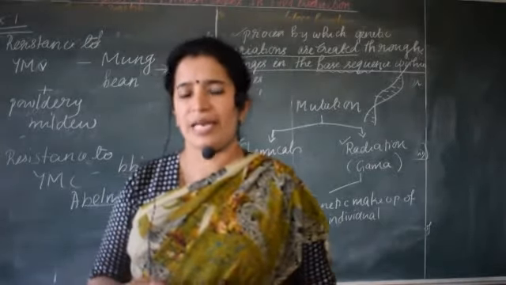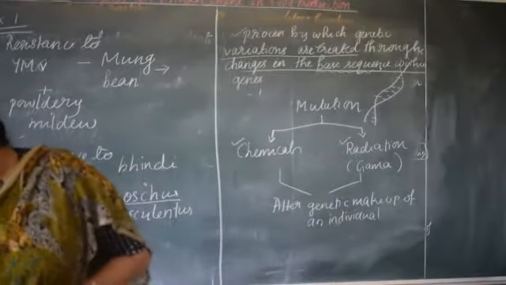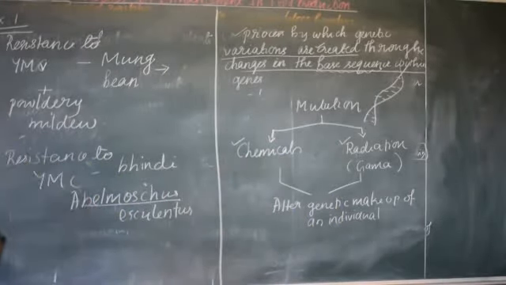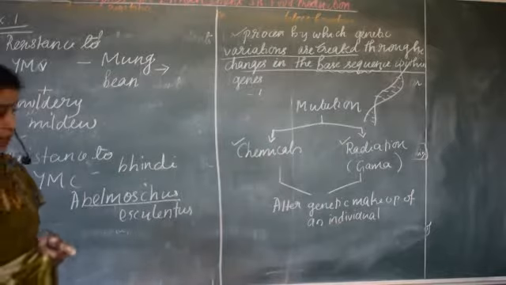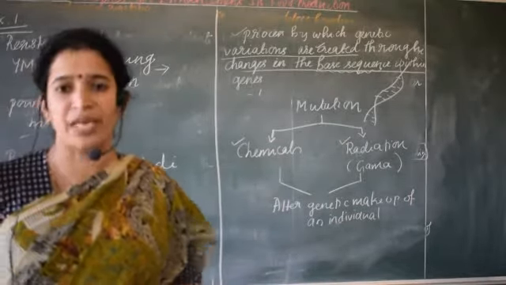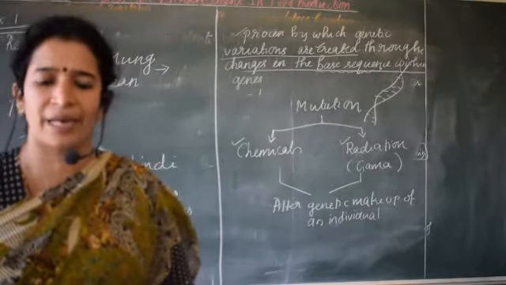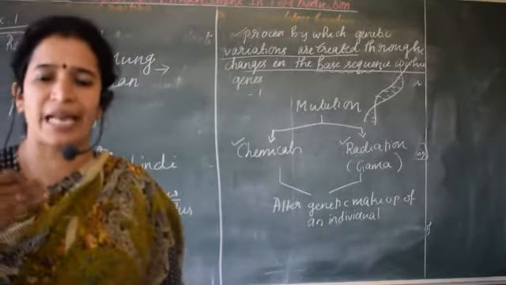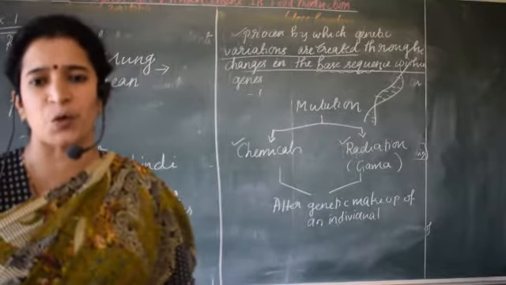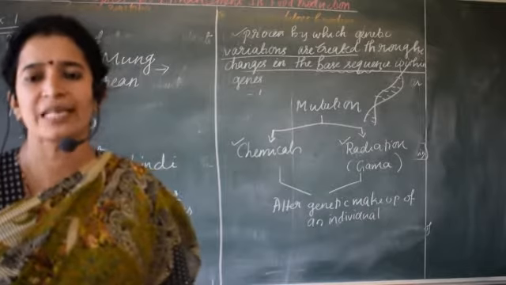By a method called sexual hybridization, that is, between the target plant and the source plant. So the technique followed here is sexual hybridization between the target plant and the source plant. Then the next method is selection.